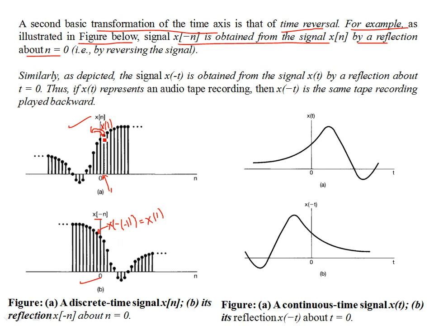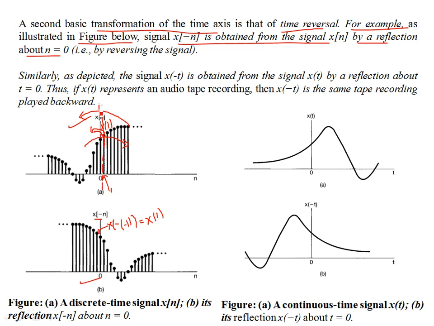And for x[2] it will be at minus 2. It's just like flipping your original sequence around the vertical axis. The samples on the left of n equal to 0, which occur for the negative indices of n, are flipped around the vertical axis. So this axis acts as a mirror for the samples.